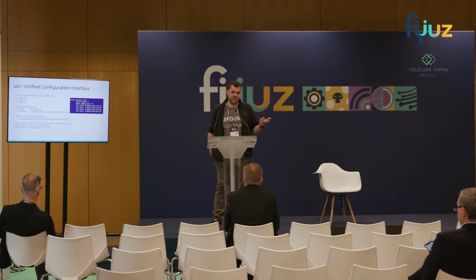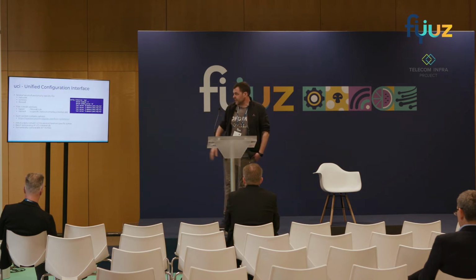We wanted to unify this. So the idea is we have UCI, and on OpenWrt the init scripts actually convert UCI into the service-specific configuration. That way we have a unified way of building web UIs, or in our case, the OpenWiFi uCentral render model.